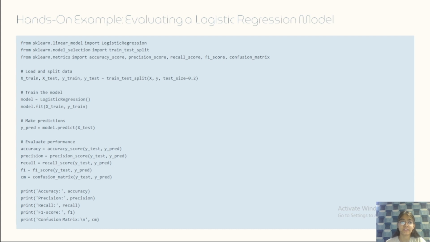We initialize the variables, then train the model using LogisticRegression, then make predictions using model.predict, then evaluate the performance using five parameters: accuracy, precision, recall, F1, and the confusion matrix. Then we print these values. With the help of these values, you can tell about the weaknesses and strengths of a particular model, and what the predictions and the actual data are and the difference between them.